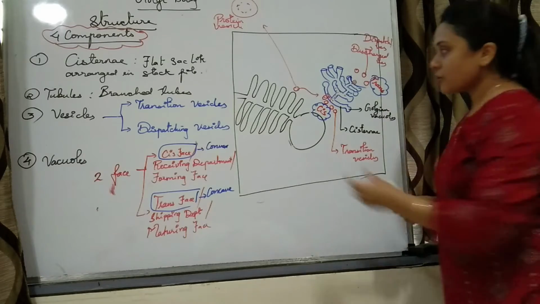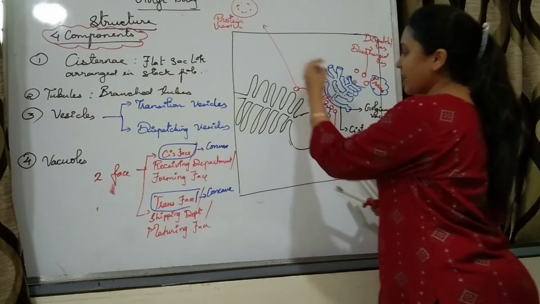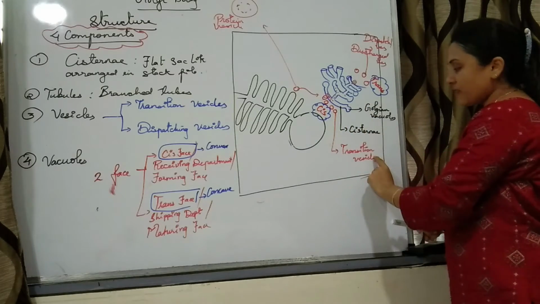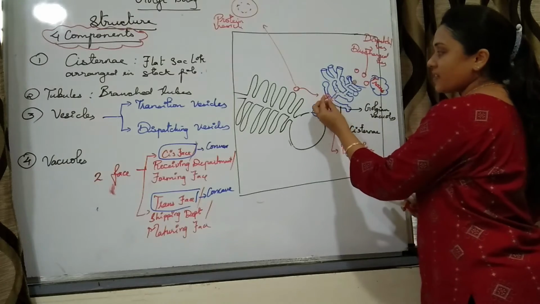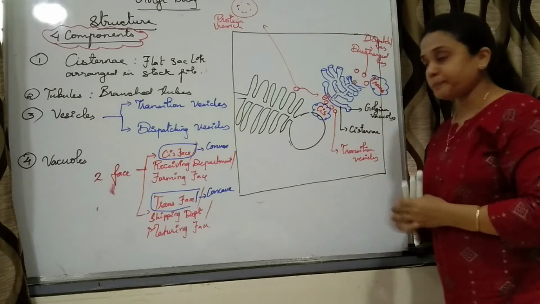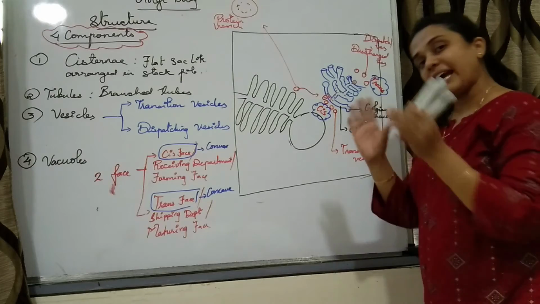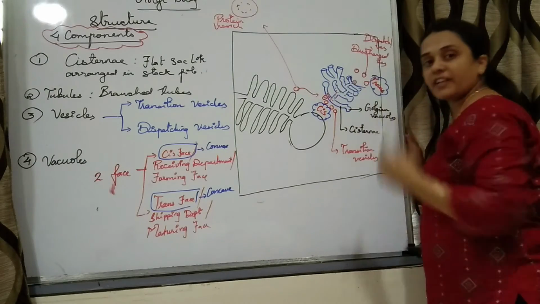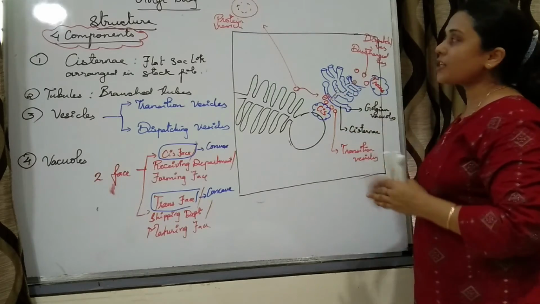Are you getting it? From the endoplasmic reticulum, a vesicle filled with protein has reached the Golgi body towards the cis phase. These vesicles are called transition vesicles. This transition vesicle fuses with the cisternae of the Golgi body and the materials enter inside the Golgi body. These materials undergo modification in the Golgi body, and from this protein, what is formed?